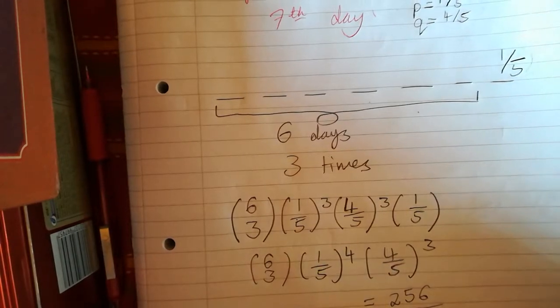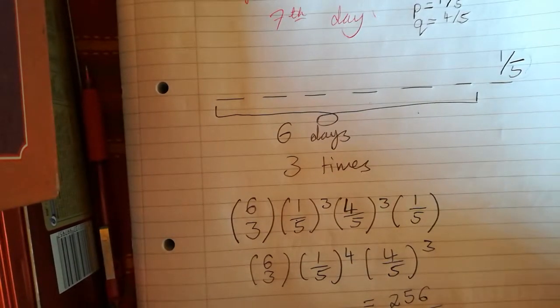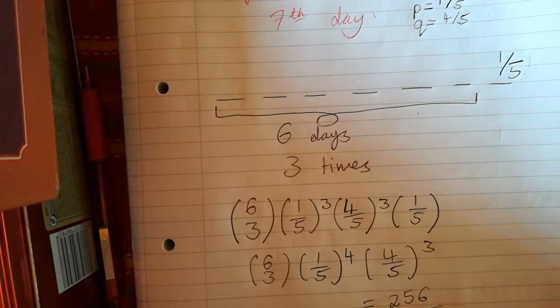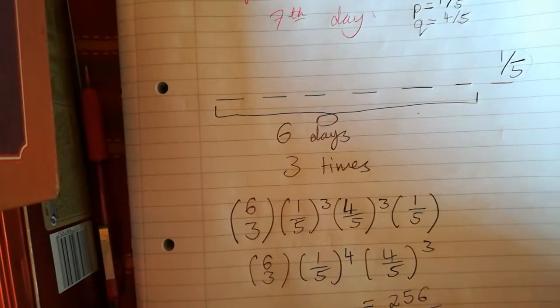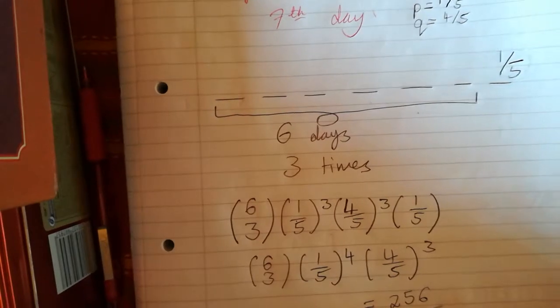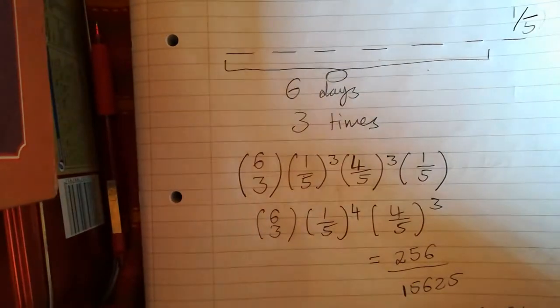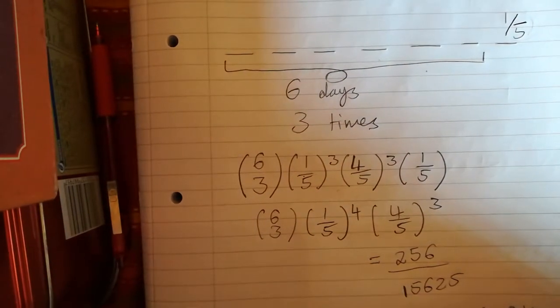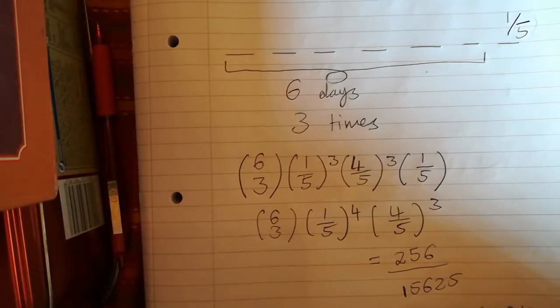Or if I want to convert that to a decimal, they accept both answers, so it's 0.016384. So that's the probability that she answers for the 4th time on the 7th day.